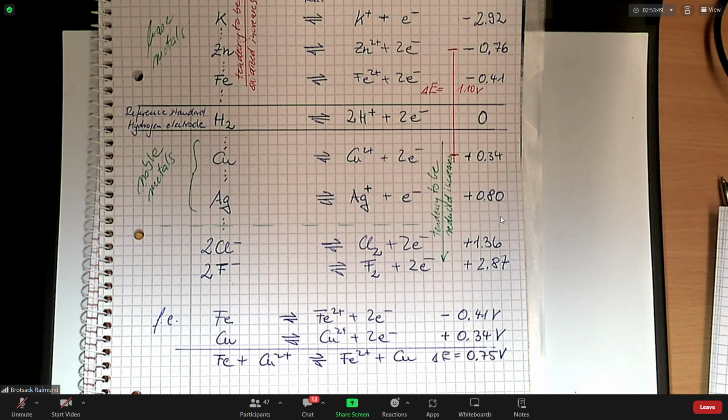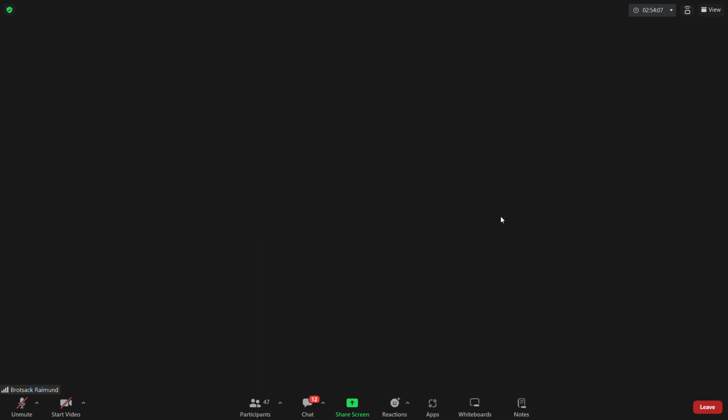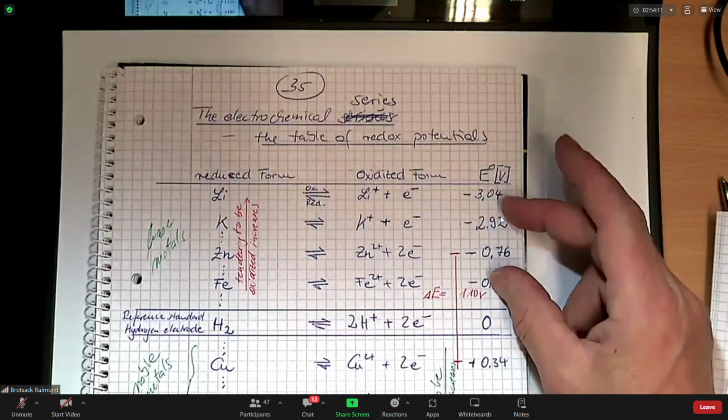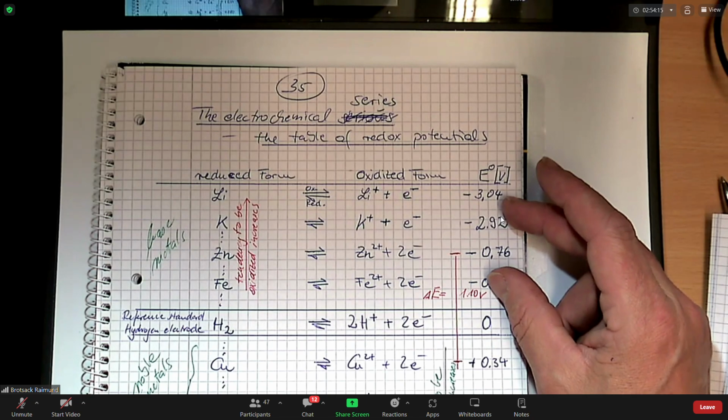This is important. So please keep in mind, a negative value means not noble. It is more easily oxidized.